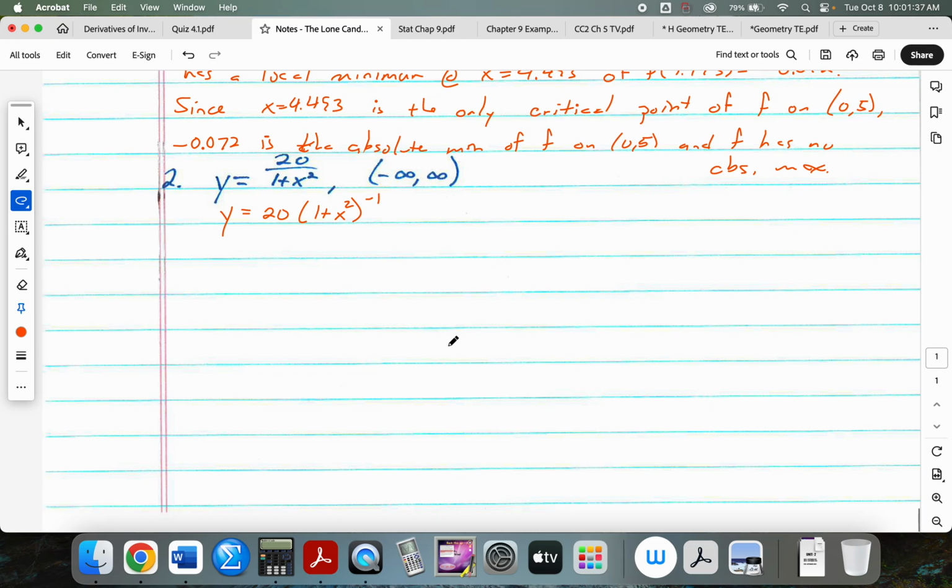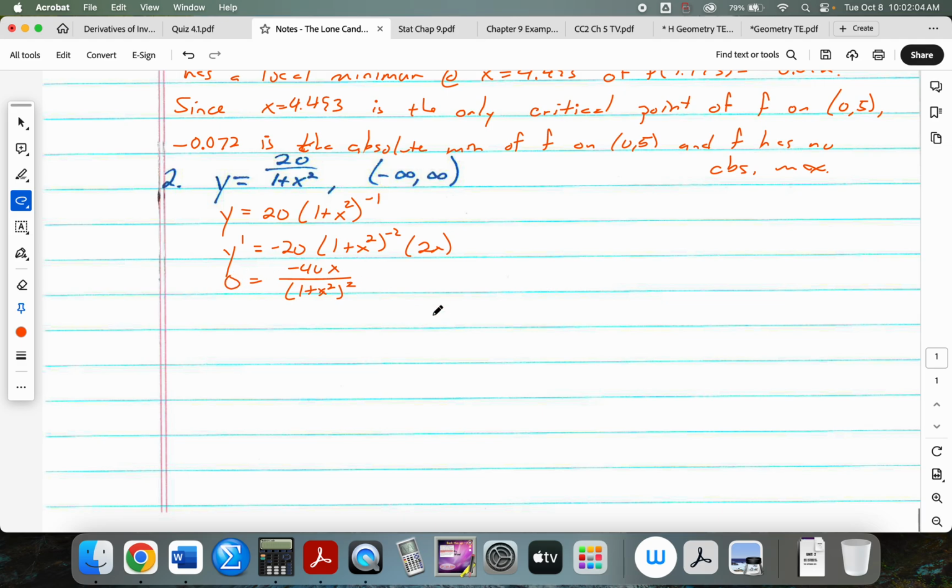You can do it with the quotient rule if you want. It ends up being about the same thing in terms of difficulty. So this would be negative 20 times 1 plus x squared to the negative 2 times 2x because of the chain rule. So that's negative 40x over 1 plus x squared quantity squared.